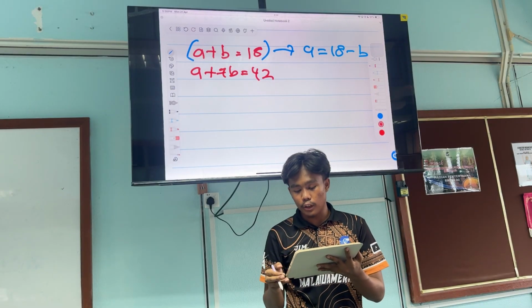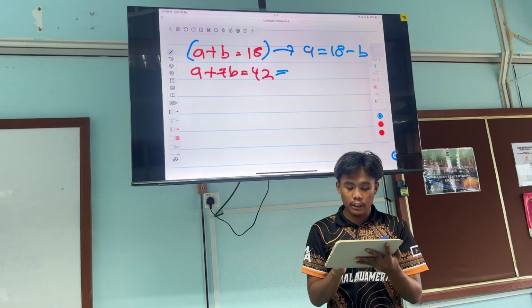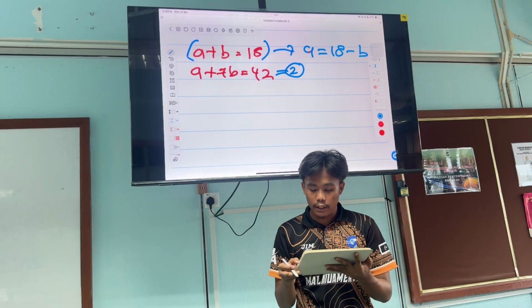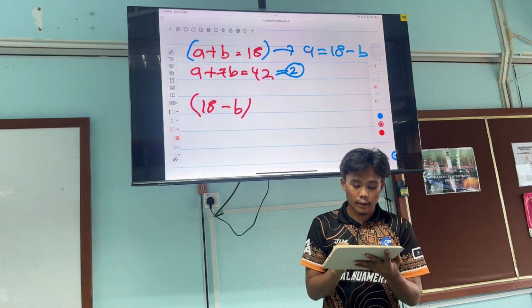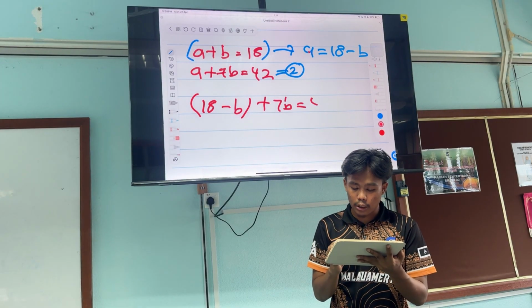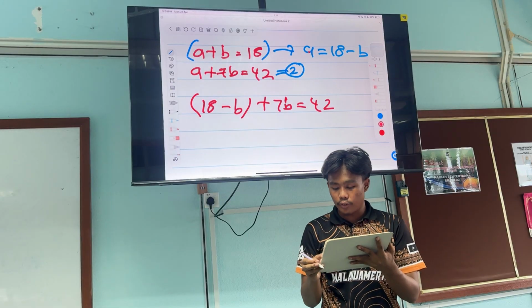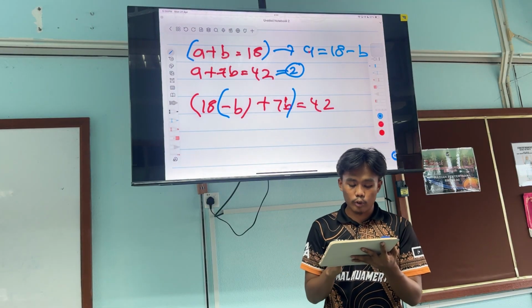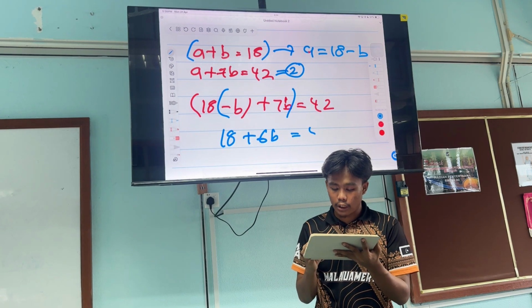So we substitute this A into the second equation. A equals 18 minus B, and A plus 7B equals 42. Now negative B plus 7B equals 6B. So 18 plus 6B equals 42.